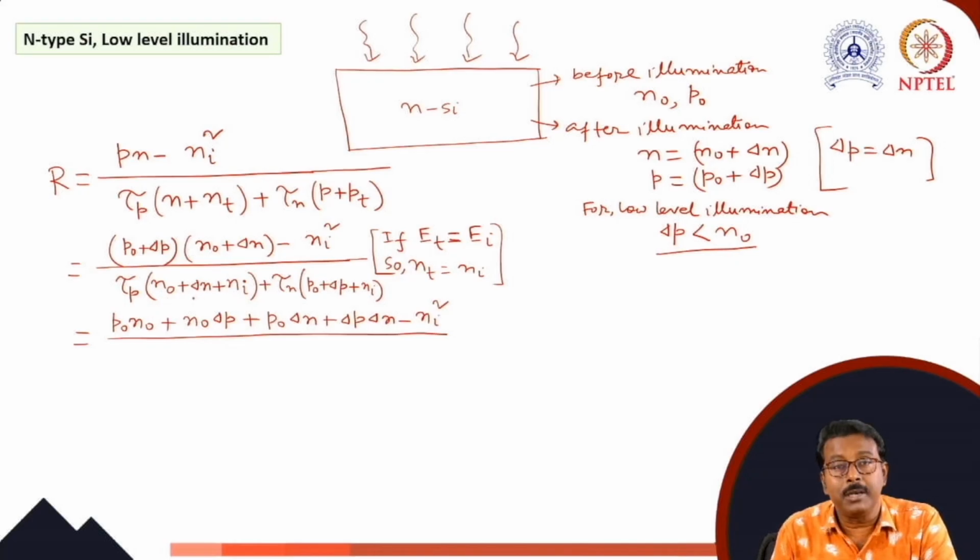Delta N is negligible compared to the N0 value. Also Ni is less compared to N0 value.